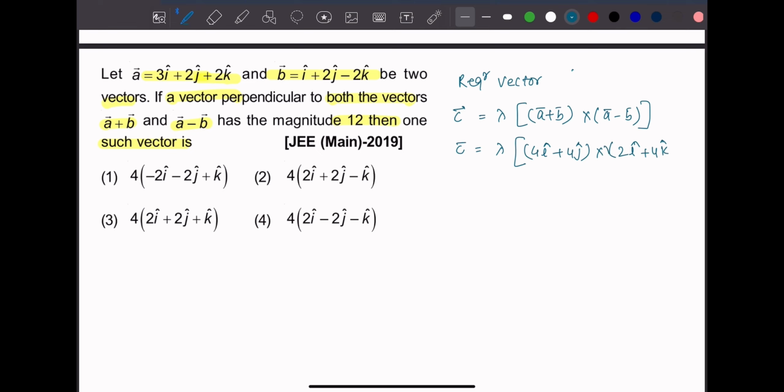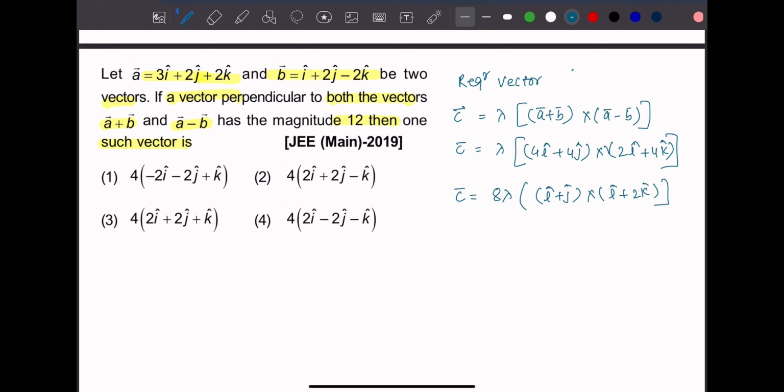Sorry, lambda we have outside. So we can take 4 common, and from the other we can take 2 also common. So we are getting c vector equal to 8 lambda times i plus j cross with i plus 2k.